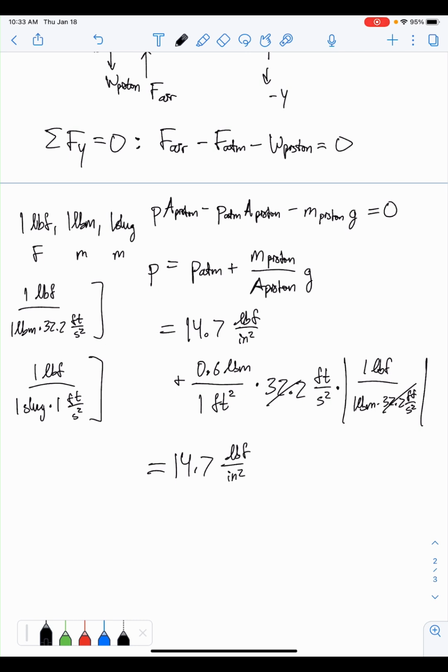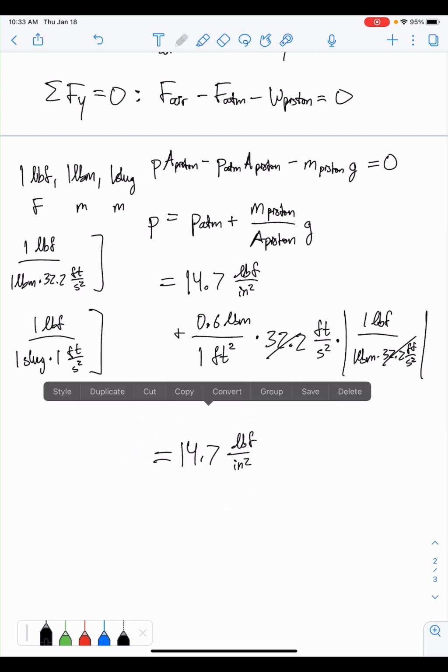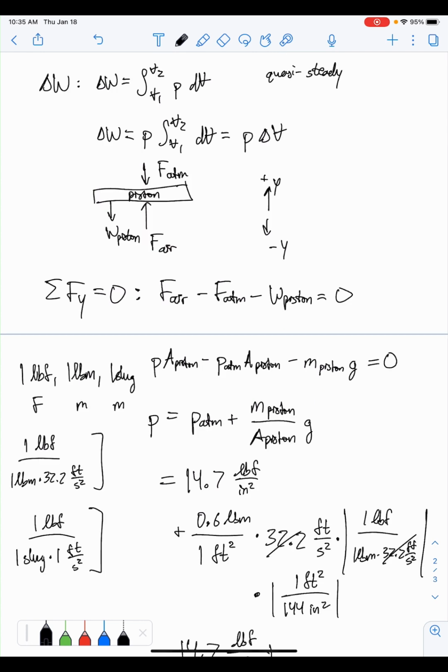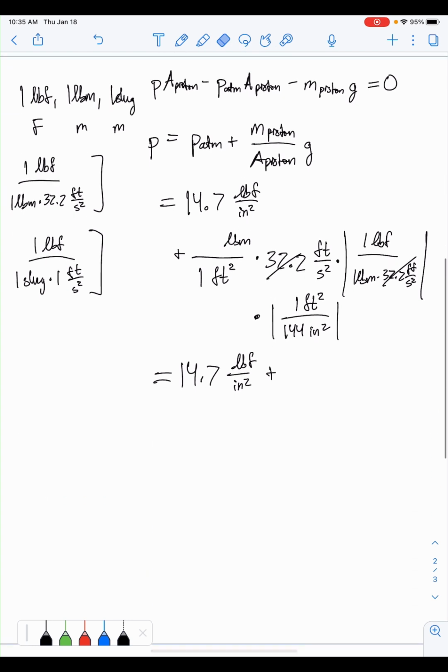Oh, we forgot feet and inches. We gotta split that up. Okay. So 1 foot squared is 144 inches squared. Okay, now it looks better. No wonder. My apologies. I just realized what's wrong.